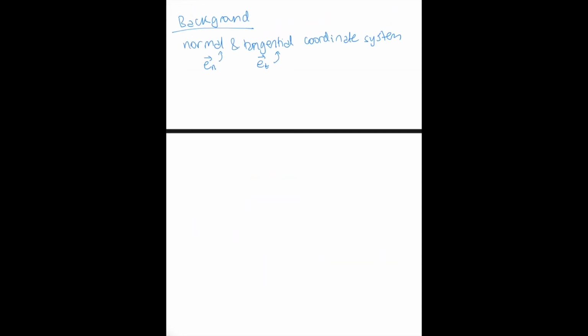So imagine a point is traveling along a curve from A to A dash. The velocity at A is going to be split into two parts, the tangential and the normal.